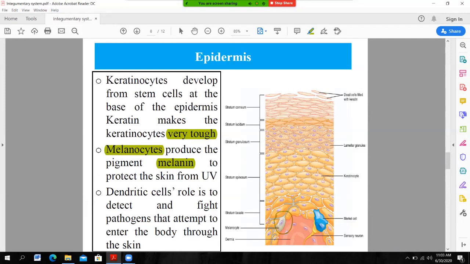Another important function of melanin is to protect the skin from UV radiation. The dendritic cell's role is to detect and fight pathogens that attempt to enter the body through the skin. So these are the important cells found in the epidermis: Merkel cells, keratinocytes, melanocytes, and dendritic cells.